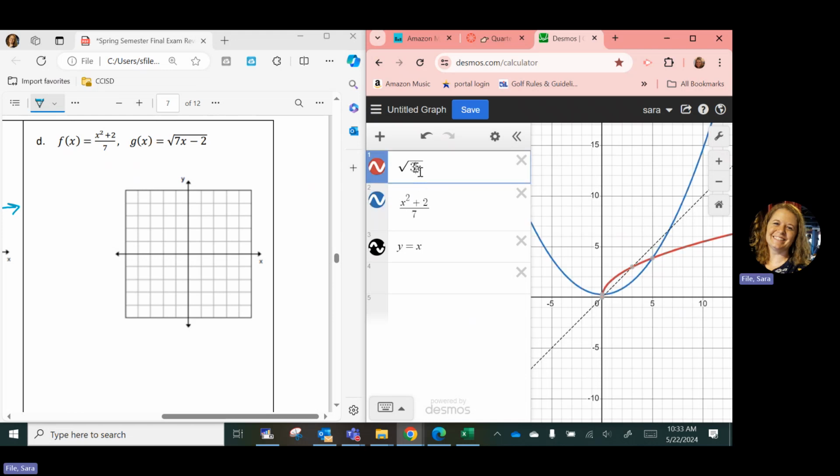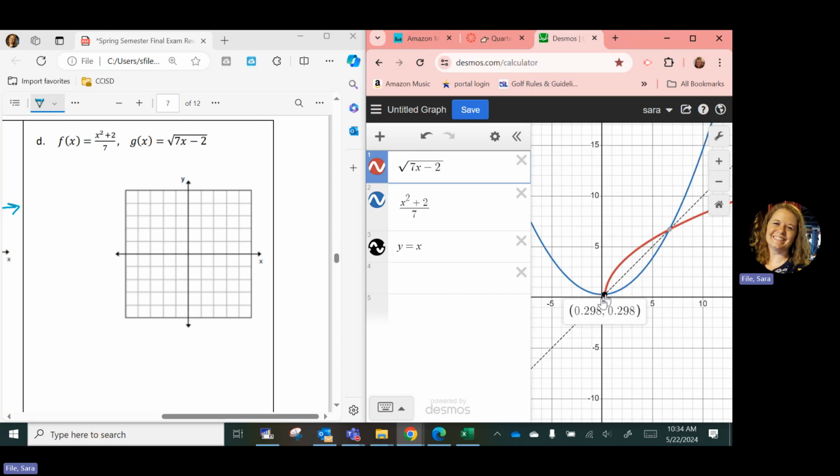And we've got the square root of 7x minus 2. So same concept here, because we have a quadratic again, which is a full parabola, and a square root function again, which is a half parabola on its side. Okay, so we would have to restrict the square root function again, or excuse me, the parabola, the quadratic again, and that is from here where they intersect.